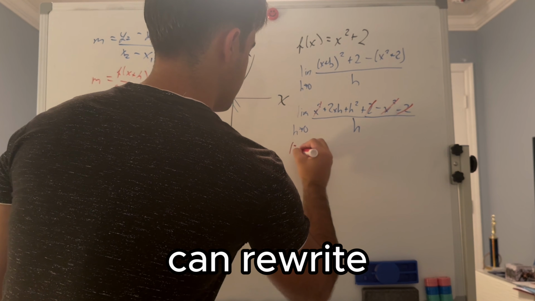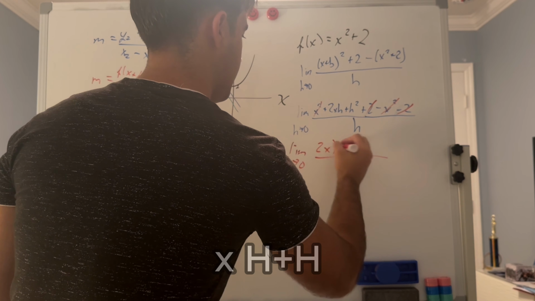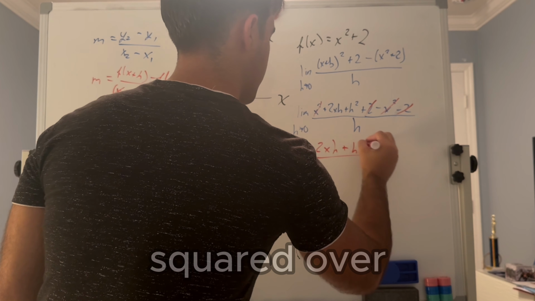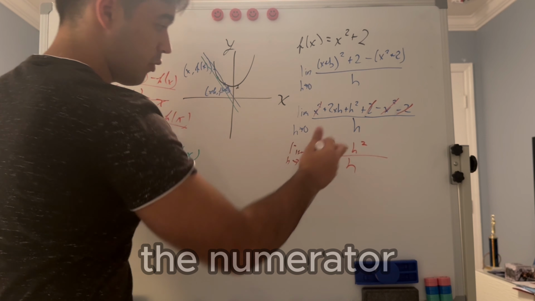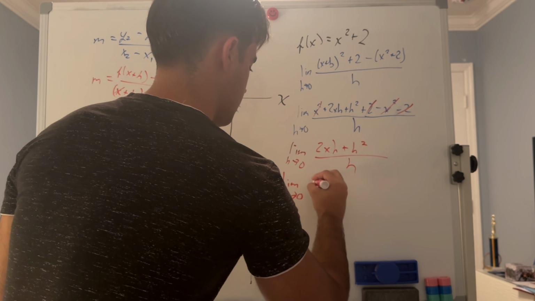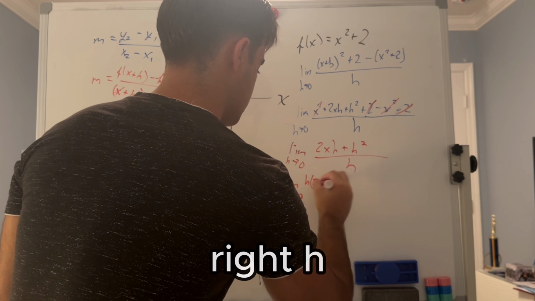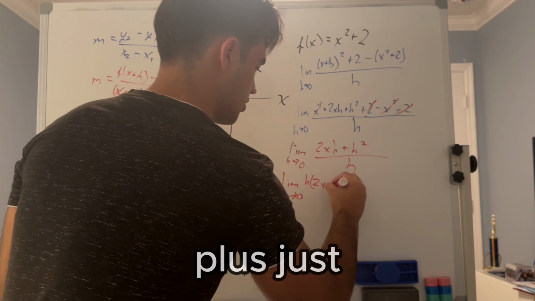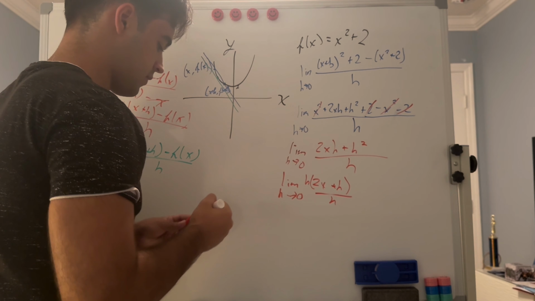So we can rewrite the limit as 2xh plus h squared over h. And we can factor out an h from the numerator: h times 2x, and then plus just 1h, because we factor out the h, all over h.